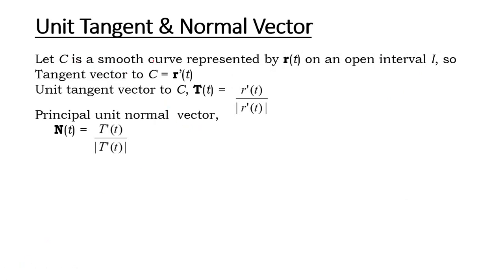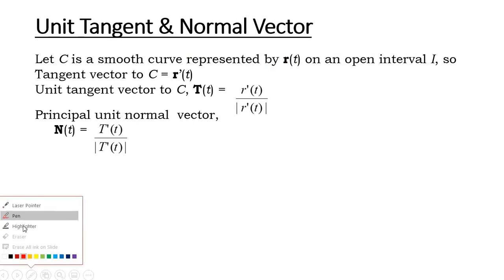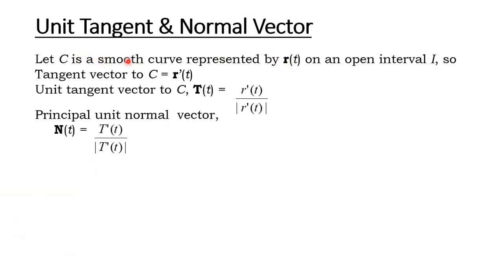Let C be a smooth curve represented by the vector-valued function r(t) on an open interval I. The tangent vector to the curve C represented by r(t) is r'(t). The unit tangent vector to the curve C is denoted as capital T(t). This unit tangent vector is a function of t, because r is a function of t.